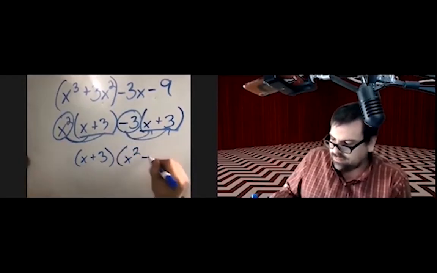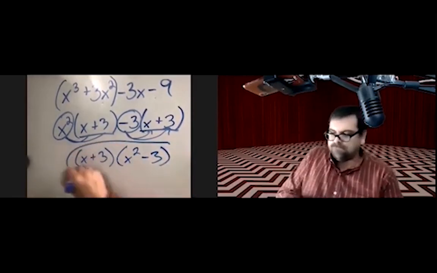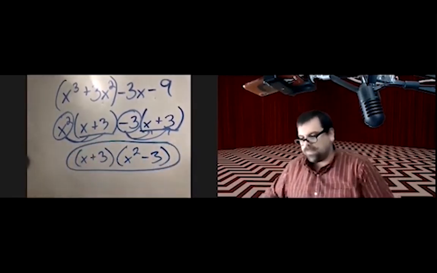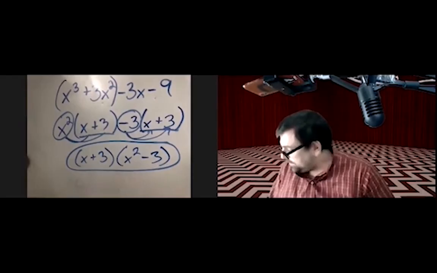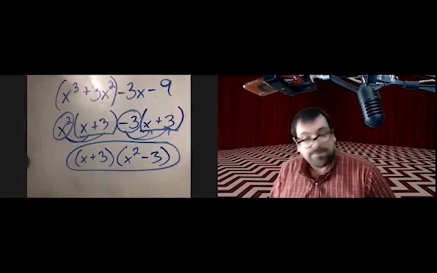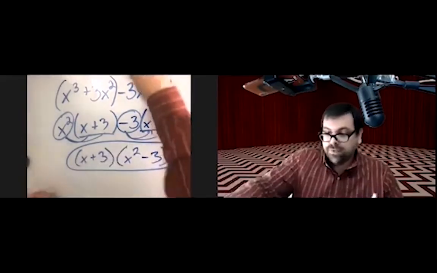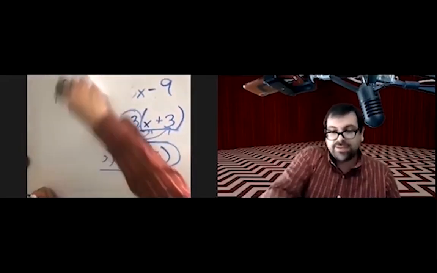X squared minus 3 is what we're left with. X plus 3 times x squared minus 3. Let's do it again. Practice, practice, practice.